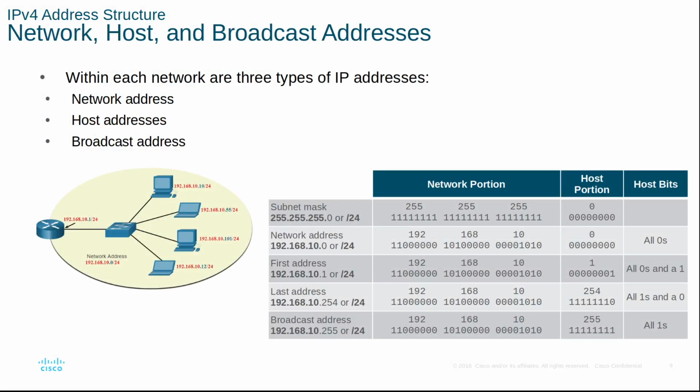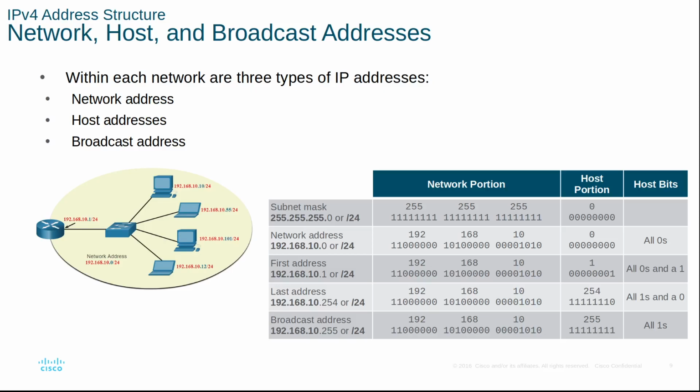Now within each type of network, regardless of whether it's a public or private IPv4 network, within each addressing space, there are 3 different types of addresses. The network address and the broadcast address, I skipped the one in the middle, I'll come back there and you'll see why.